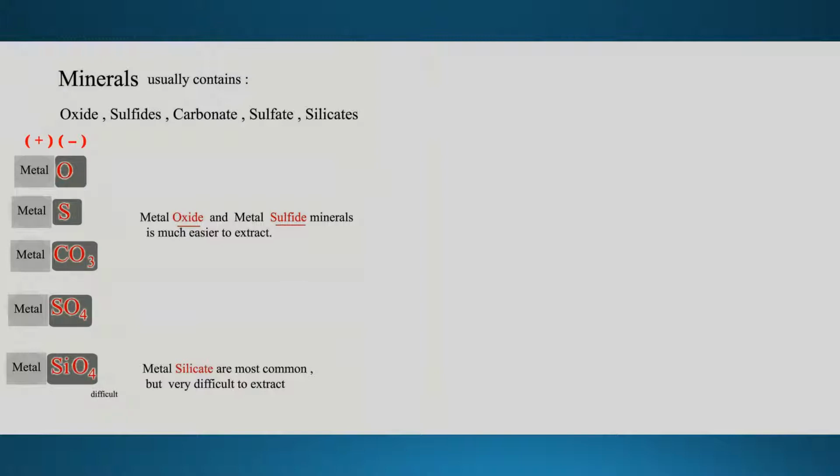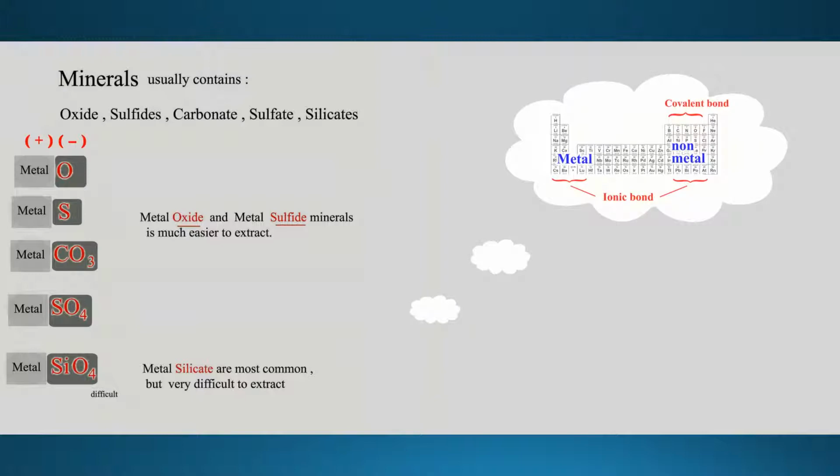And I hope students still remember the valency and the charge. What sort of bonding are they? Are they covalent or ionic? They are a metal binding a non-metal, so this is an ionic compound. This is an ionic bond.